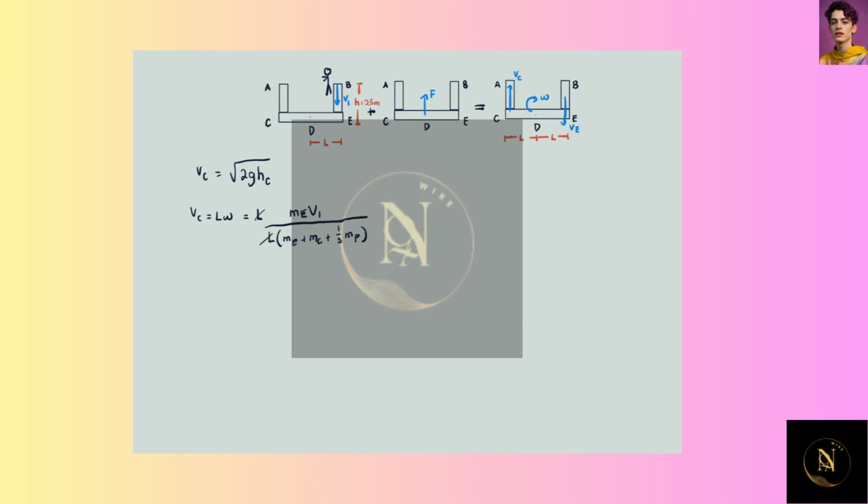Of course, this will cancel out the L. And take note that our ME here is actually the mass of gymnast B, and then our MC here is the mass of gymnast A.